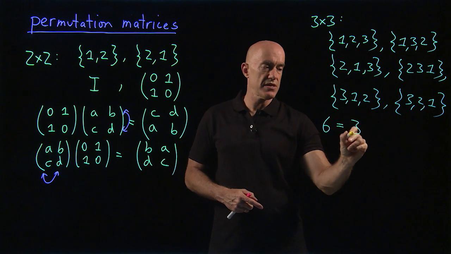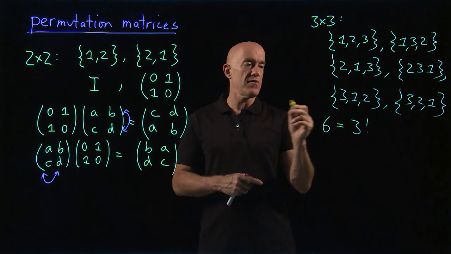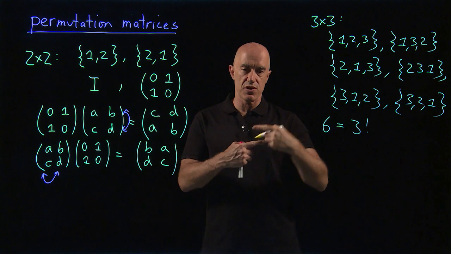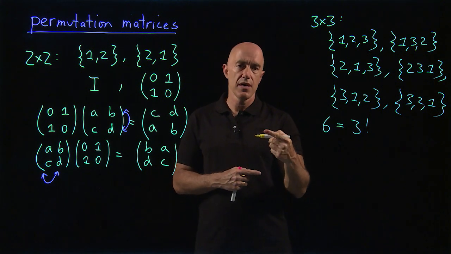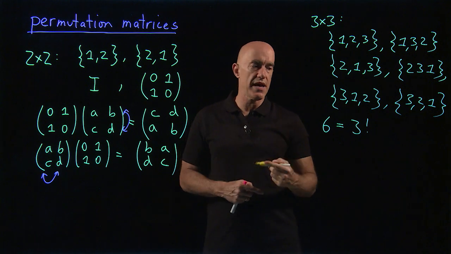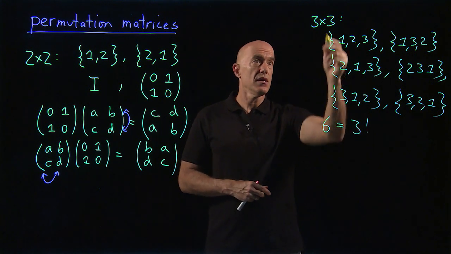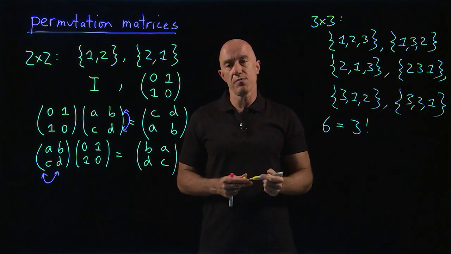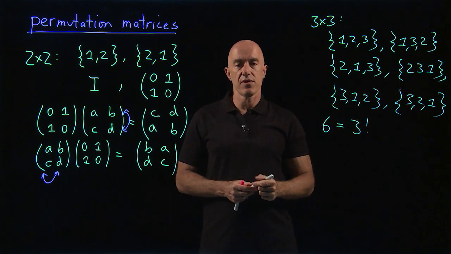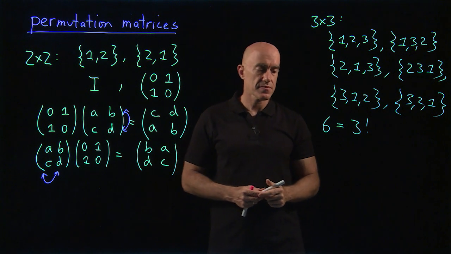And that is just 3 factorial, right? You have 3 choices of what to put in the first row, 2 choices of what to put in the second row, and 1 choice of what to put in the last row, so 3 factorial. So there are, in fact, 6 different permutation matrices in the 3 by 3 case.